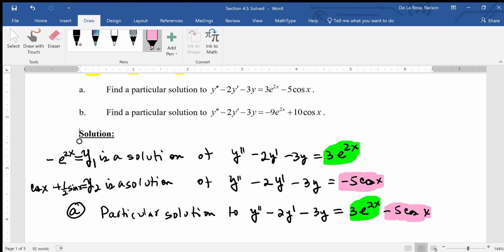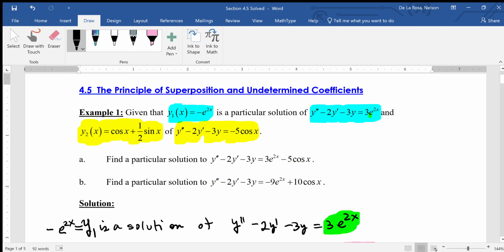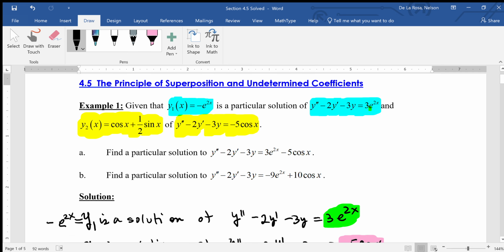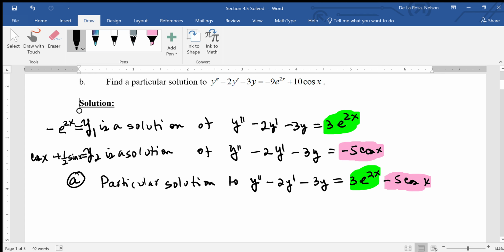So we can apply the principle of superposition and find a linear combination that allows us to solve the equation in part A. As you can see, the green parts are the same and the pink parts are the same. So the particular solution is going to be, in this case, simply y1 plus y2.